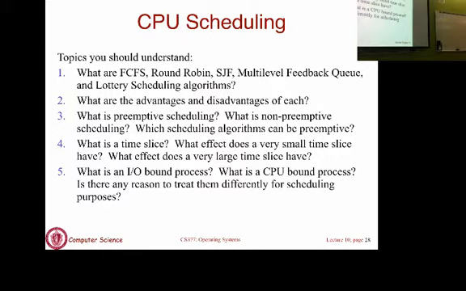Different kernels make their own decisions, so there's no one time slice that is good for every kernel. But by and large, most OS kernels pick a millisecond or a few milliseconds. Linux uses a 20 millisecond or 200 millisecond time slice. Some other operating systems use maybe tens of milliseconds. So that's a rough range.